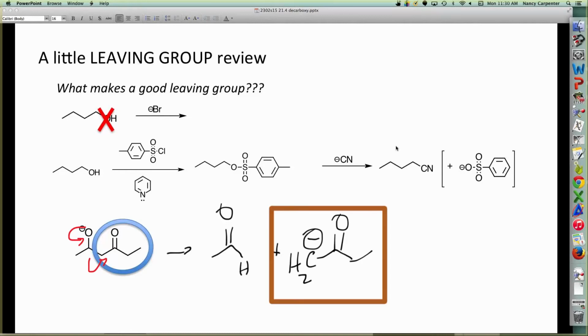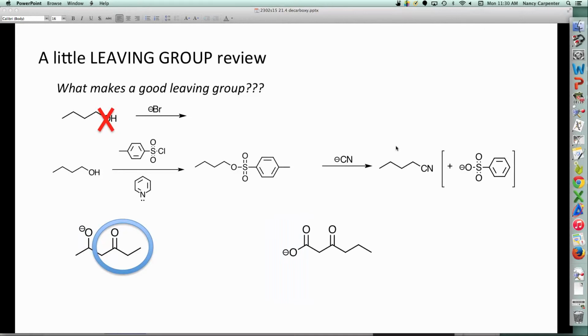So there's my leaving group, a reasonably weak base because I delocalize that negative charge via resonance. Similarly, if I have this carboxylate, it's delocalized, and that's neither here nor there. What I'm trying to show you is that it too can decompose to kick out an enolate.